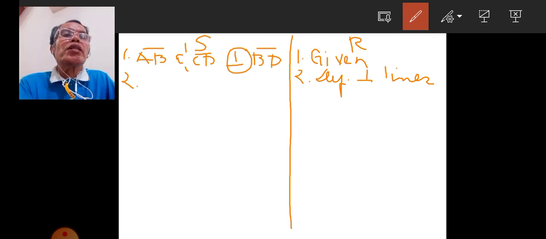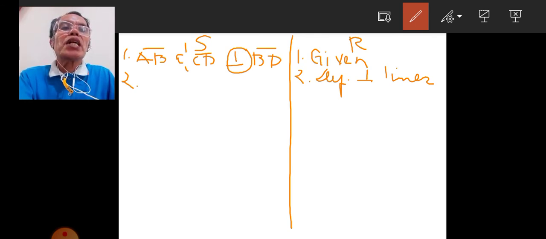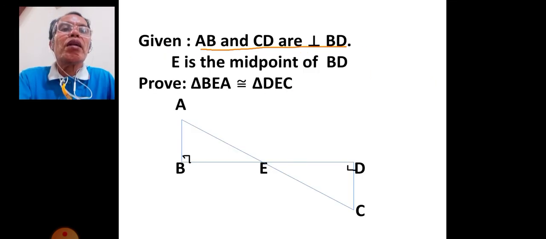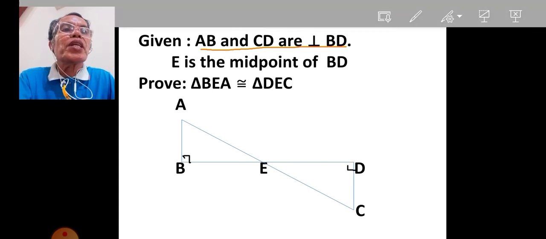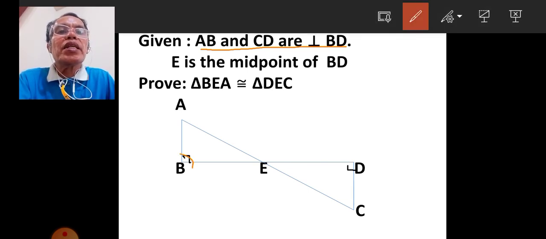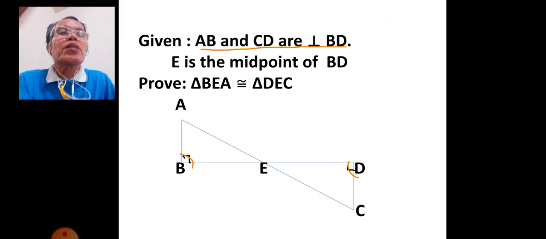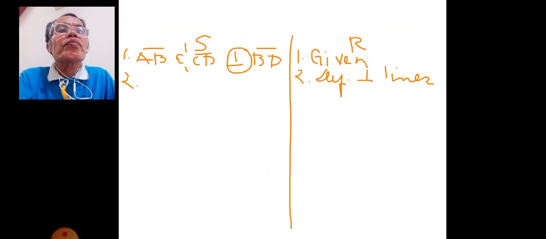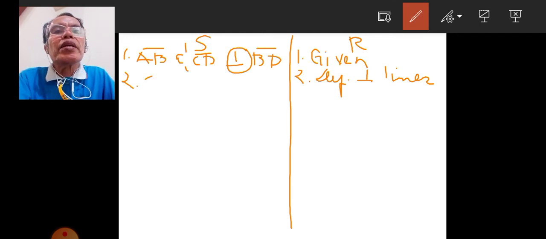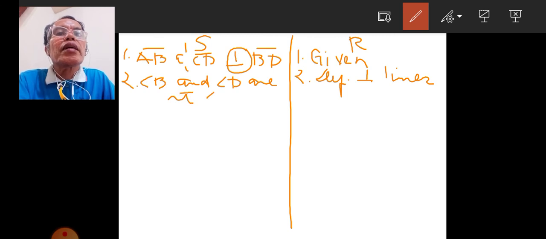So how would we know that the two lines are perpendicular? Two lines are perpendicular if they form two right angles. Therefore, in your statement number 2, you are going to state the two right angles being formed by perpendicular lines. So what are those? Angle B and angle D are right angles.